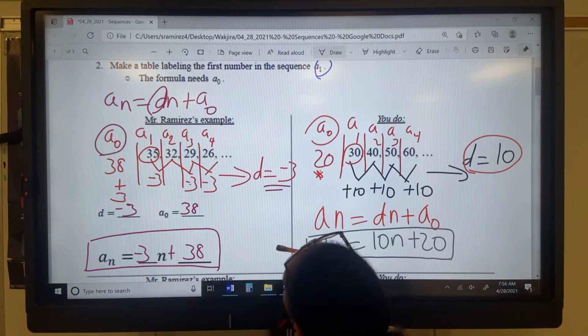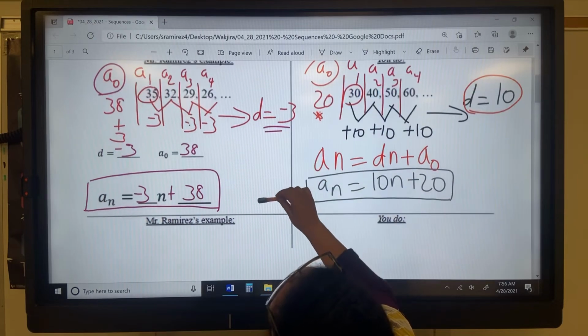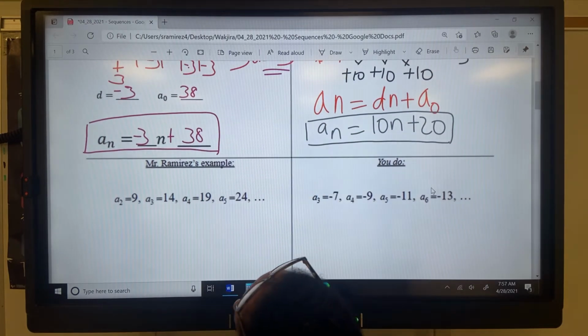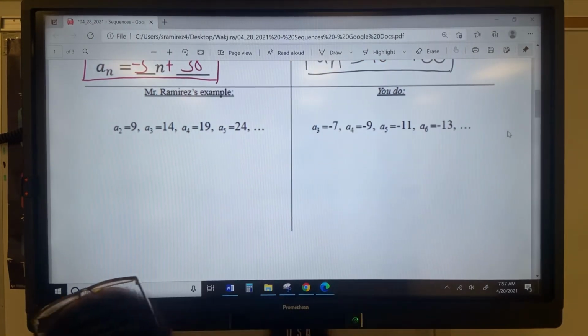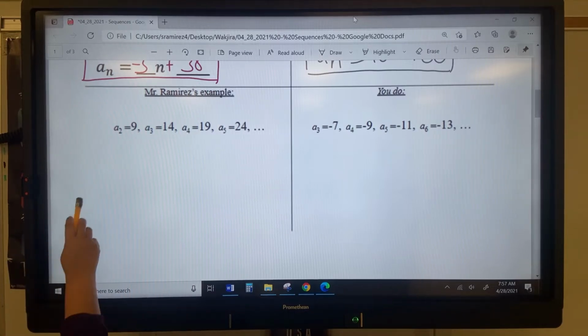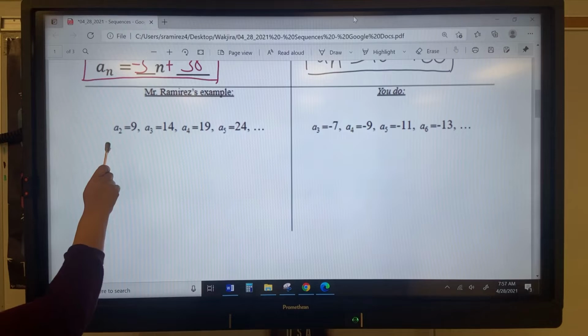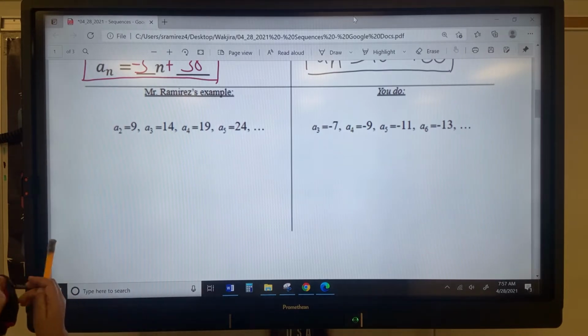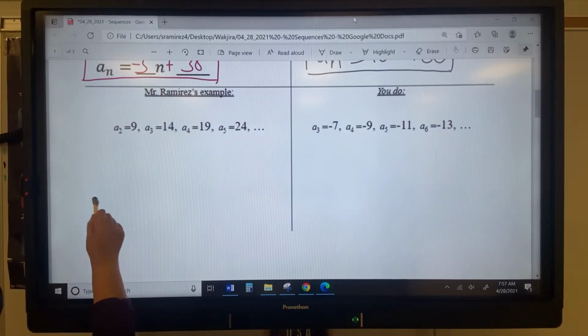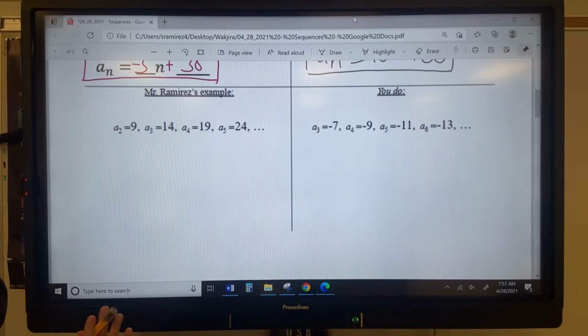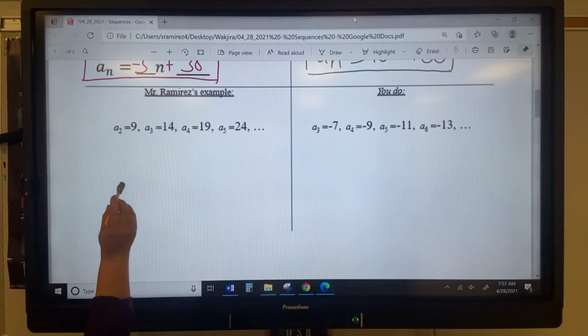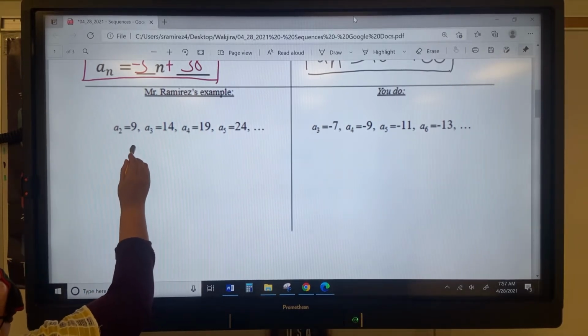So we go to our next example, right here. You've been given a sub 2, a sub 3, a sub 4, and a sub 5. So the same thing we are following, we just do our table.